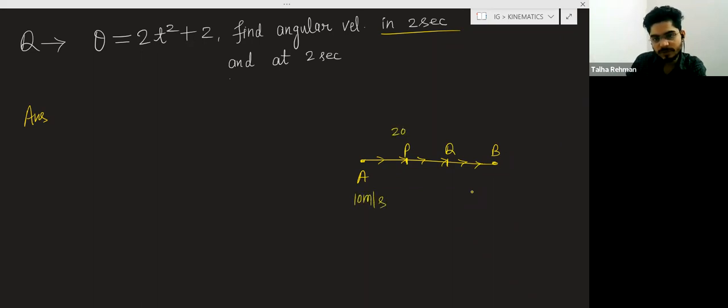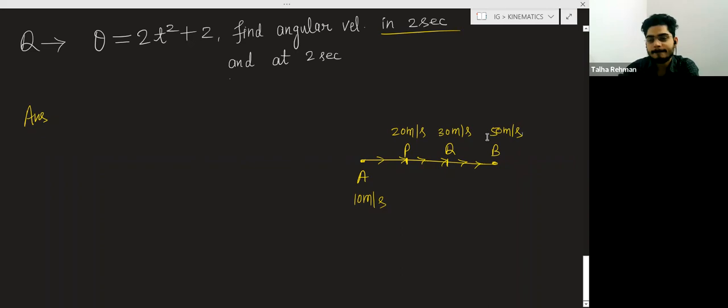Here it is 20 meter per second. Here it is 30 meter per second. Here it is 50 meter per second. If I ask you what is the speed or velocity for the motion from A to B, what will be your answer?